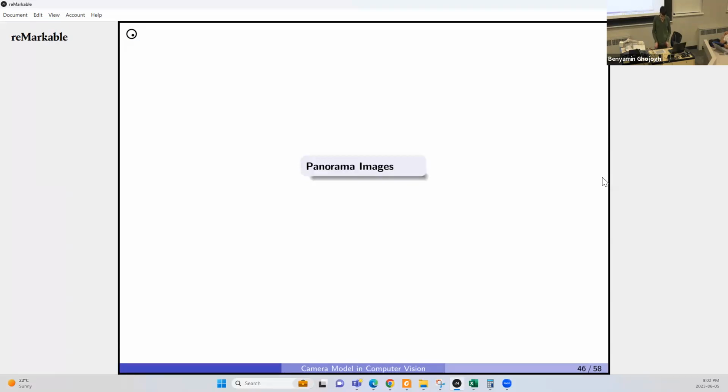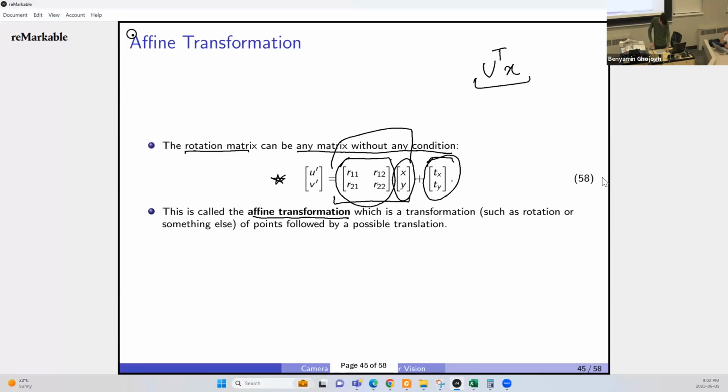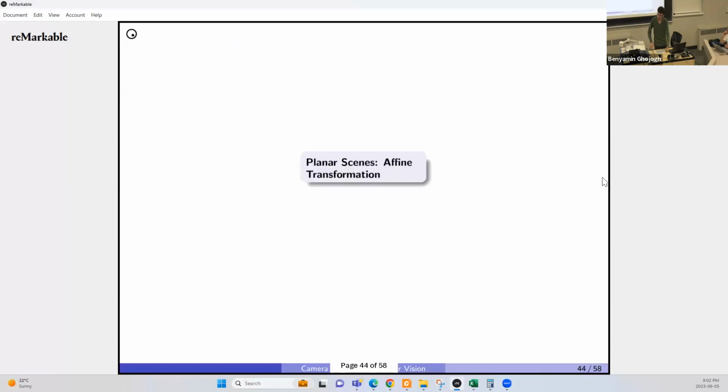So the question is why sometimes the panorama images look weird and are not good. There are several reasons. One of them is that we made an assumption that the scene is planar. Maybe it's not planar. Maybe the camera is not far away from the scene, or actually the scene is not planar. That's one thing. Another thing is that maybe your camera is noisy.